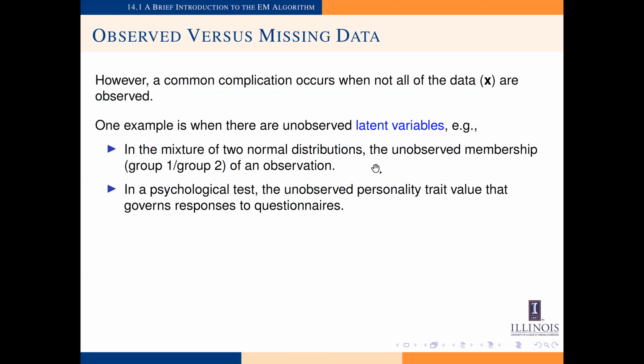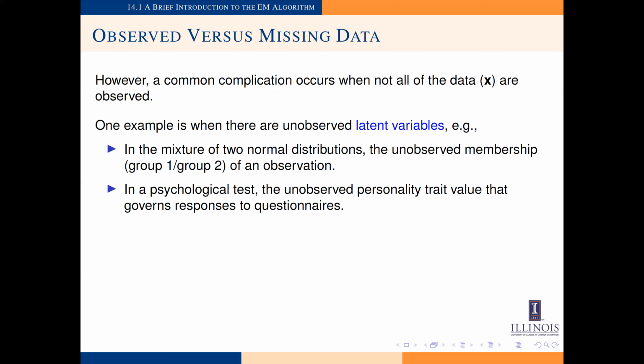Another example of latent variables is related to my research. When I do psychological tests, as you can imagine in a personality test, people complete a set of survey questions. Each question might be a Likert scale question where it asks people whether they agree or disagree with some statement. So the unobserved personality trait value of a person, for example, the degree of extroversion or introversion that they have, is something that we cannot directly see.